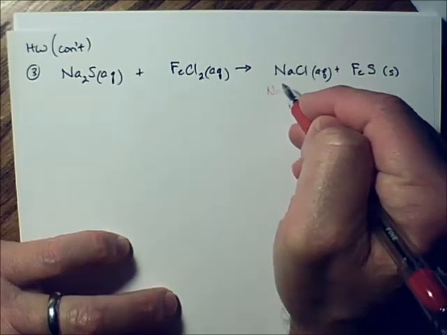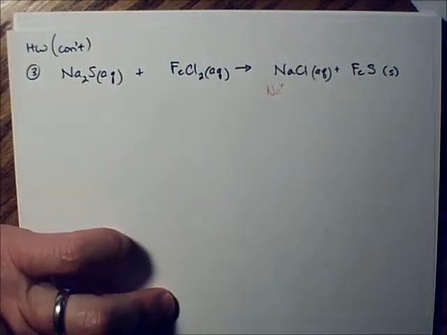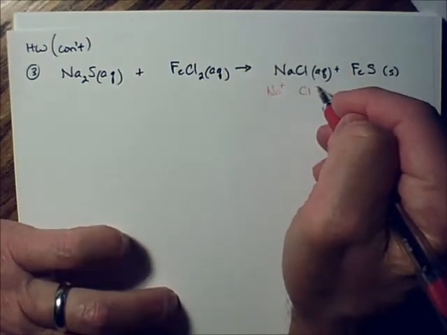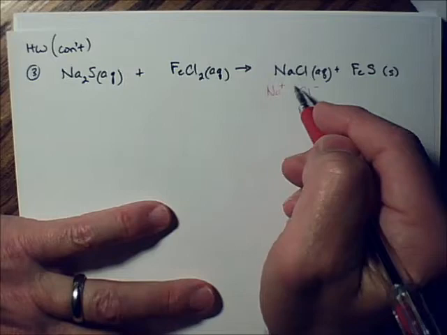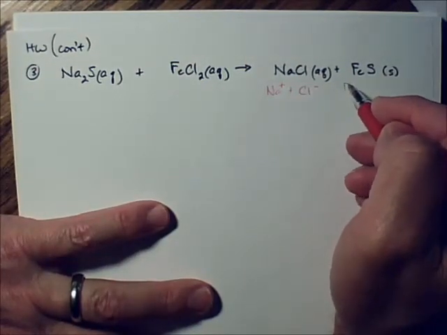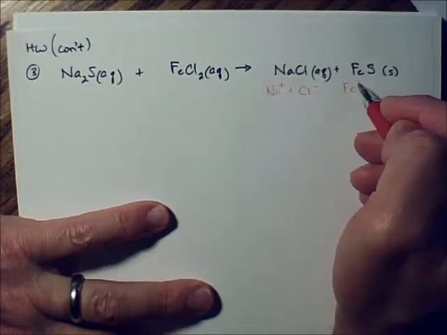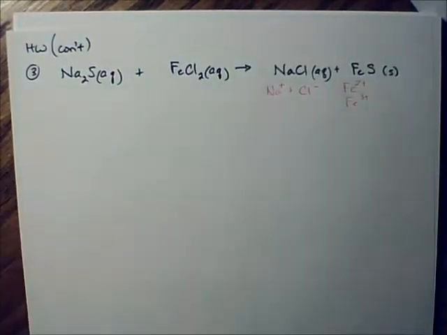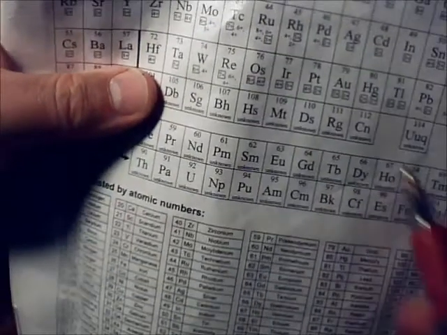Sodium is an alkali metal. It's in the first column of the periodic table. All of those have a 1+ charge. Chlorine, we said on one of the previous problems, has a 1 negative charge. So that's balanced. Okay? So iron, we don't yet know whether this is going to be iron 2 or iron 3. Let's look for a minute on the periodic table with oxidation numbers.